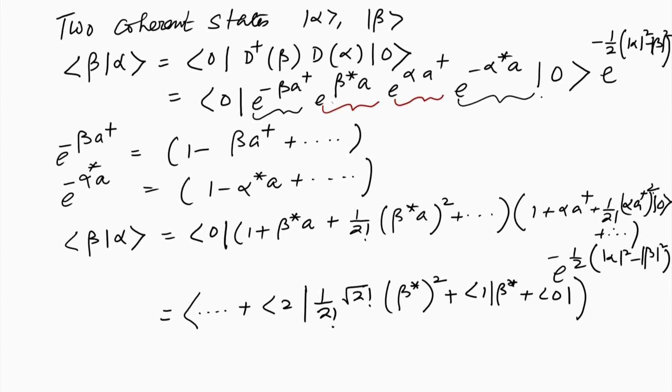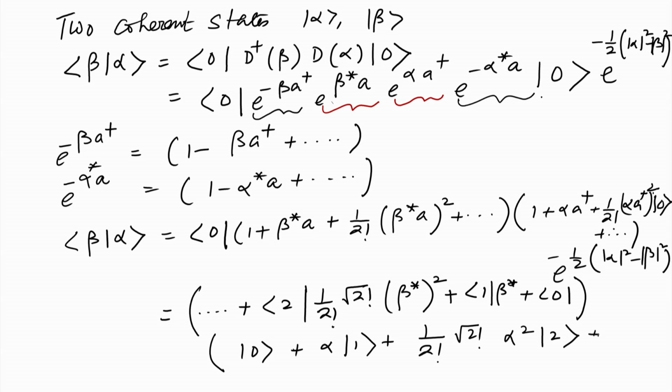This is really a bra, not a ket, and it is multiplied by ket 0 plus alpha ket 1 plus 1 by 2 factorial root over 2 factorial alpha square ket 2 and so on.